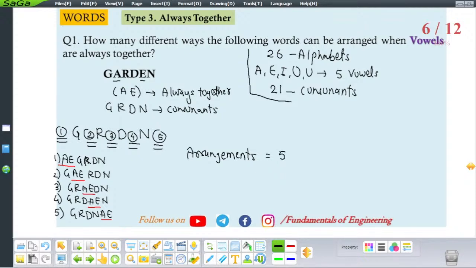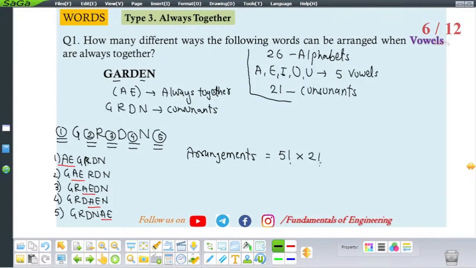Then the vowels themselves can be arranged as AE or EA, so these two vowels can be arranged in 2 factorial ways.